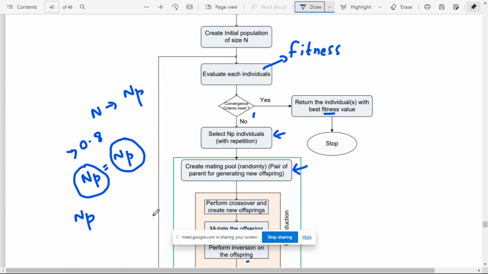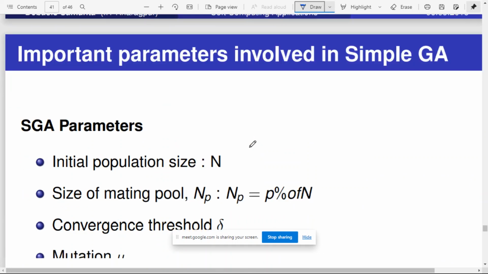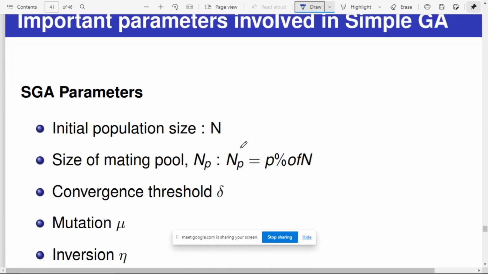This new offspring will replace the individuals created in the previous generation, and again we identify the one with the highest fitness score and check whether convergence is met or not. Otherwise continue the process, select another NP individuals, and so on. So this is how the simple GA works, right?